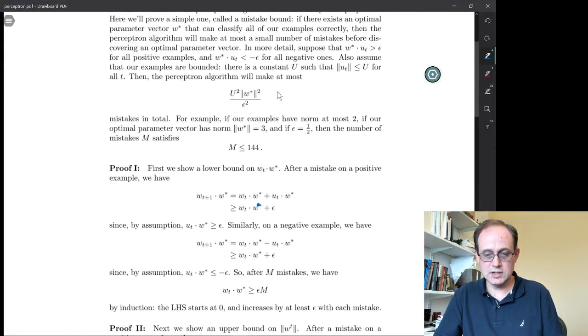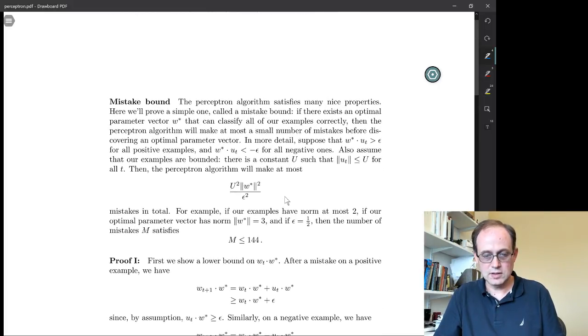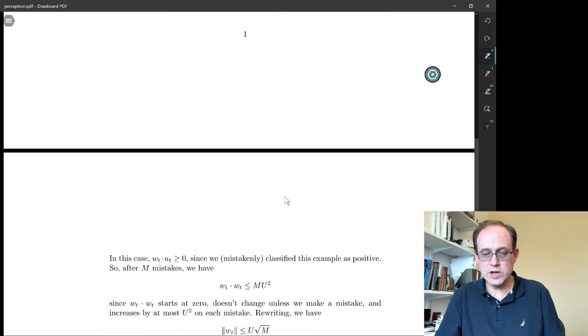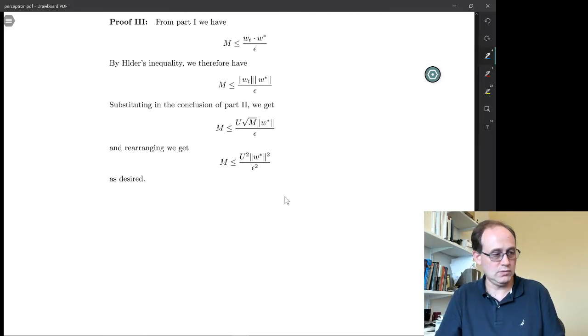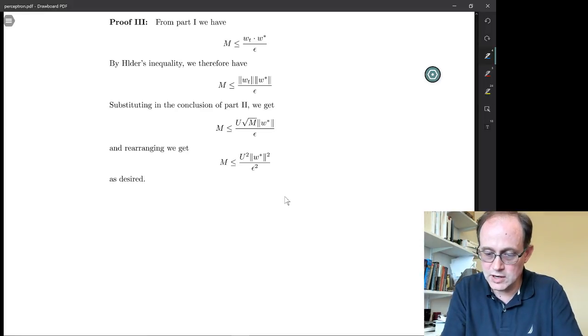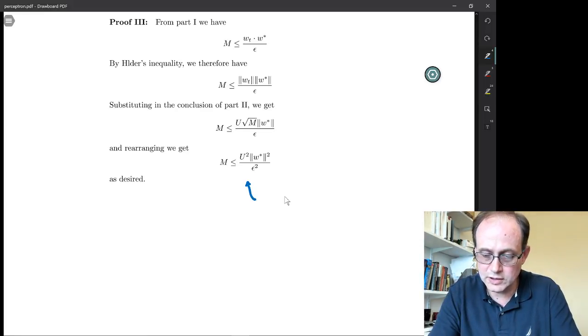So here is a PDF version of the same proof that I just went through. And if we go all the way to the end, we can see that this statement here is the conclusion of the proof.